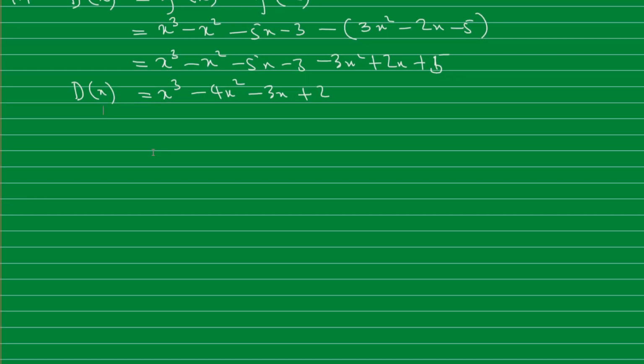Now, for us to have a maximum distance, the largest distance is found where the derivative of d of x is equal to 0. Okay, so which means we have to differentiate that one, which means therefore that our derivative is 3x squared minus 8x minus 3 will be equal to 0.